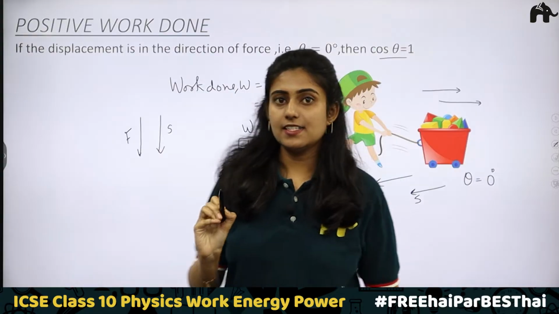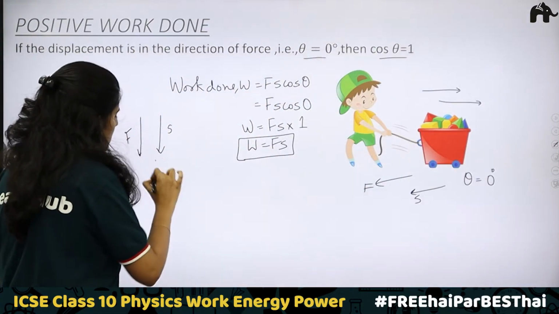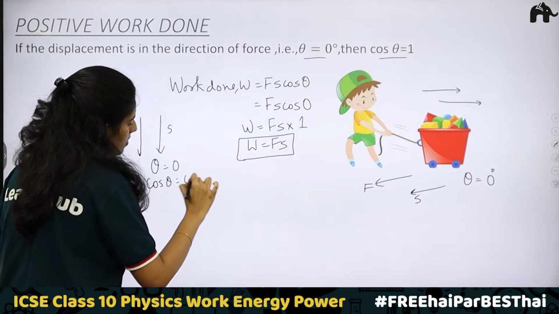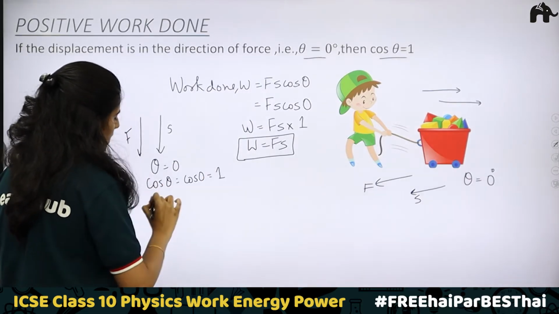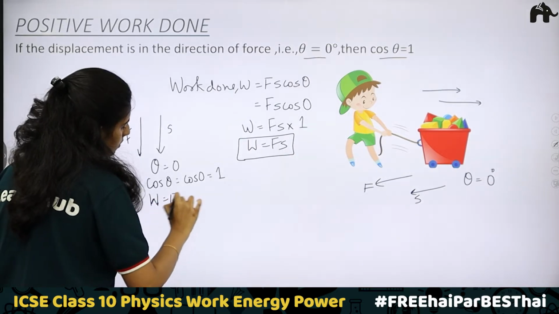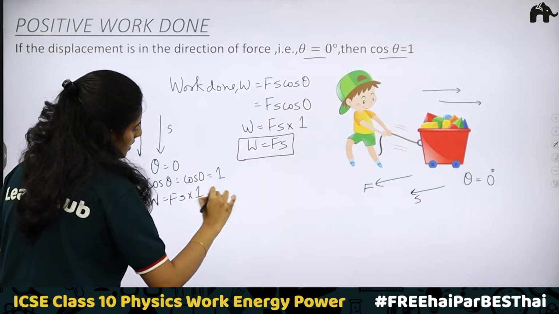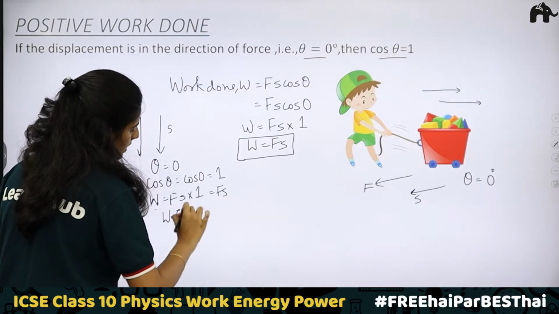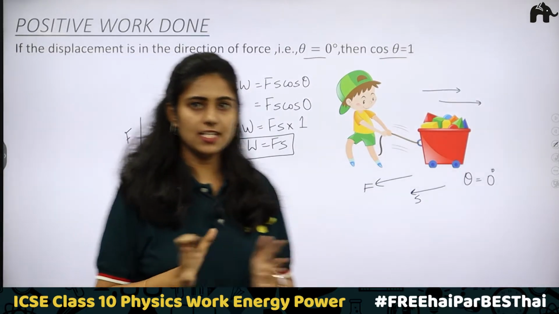What is the angle theta? They are parallel to each other, so theta will be equal to 0. Cos theta equals cos 0, which is 1. Therefore, work done W is equal to Fs into 1, which is Fs. Work done W is force into displacement, the magnitudes of force and displacement.